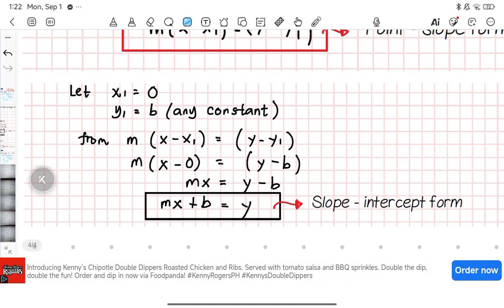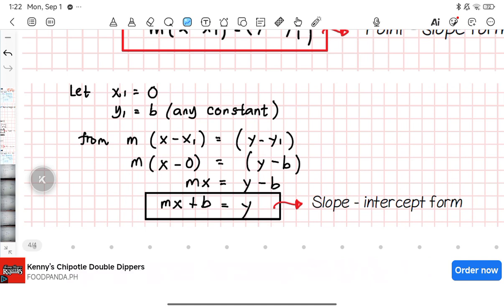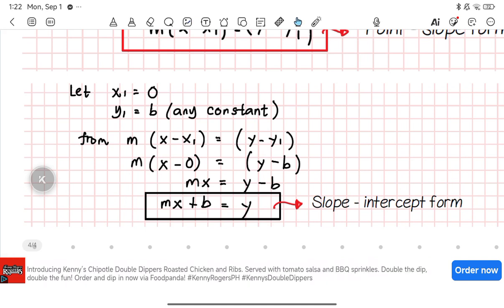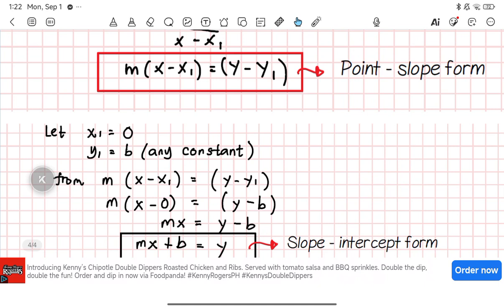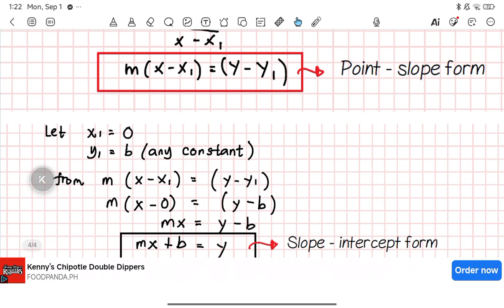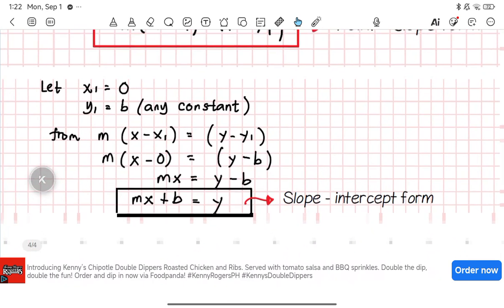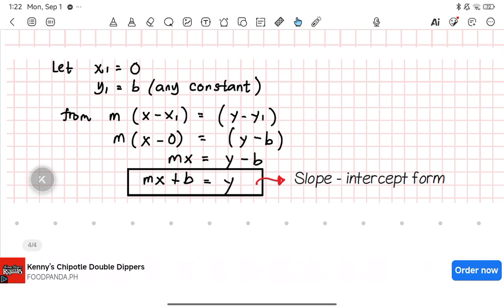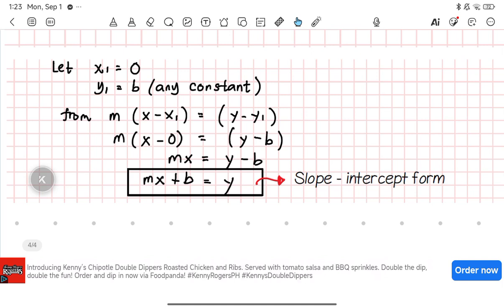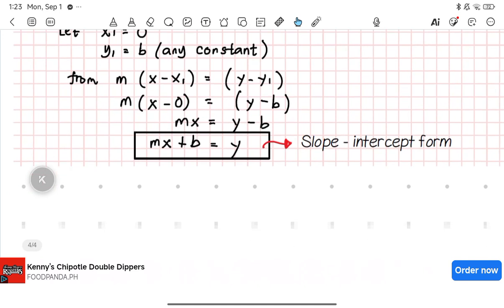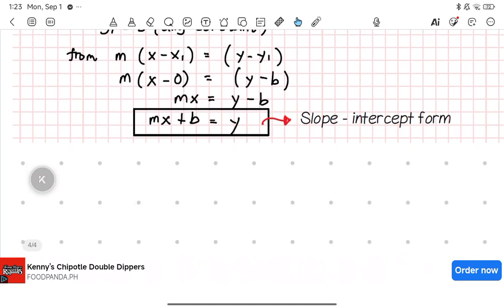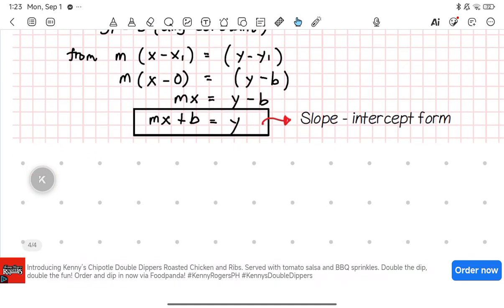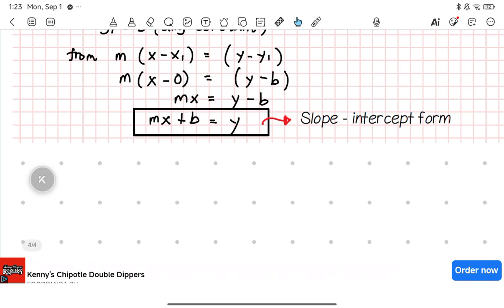Okay? So, from the previous point-slope form na nakuha natin, m quantity x minus x1 is equal to y minus y1, isa-substitute mo na dyan yung 0 and b. So, magiging siyang m quantity x minus 0 is equal to y minus b. And then, multiplying by the bracket, you have mx minus 0, so wala man na, disregarded, is equal to y minus b.